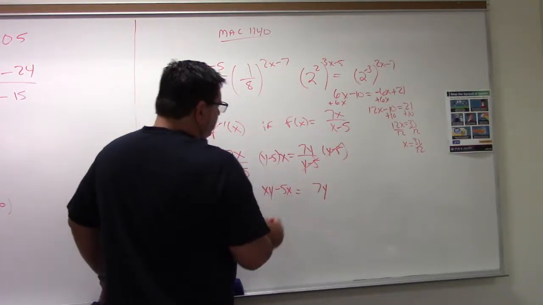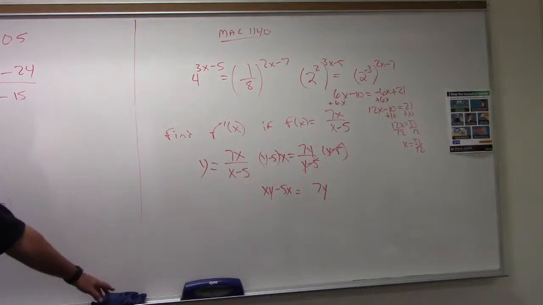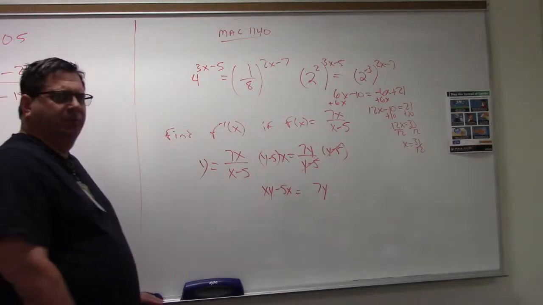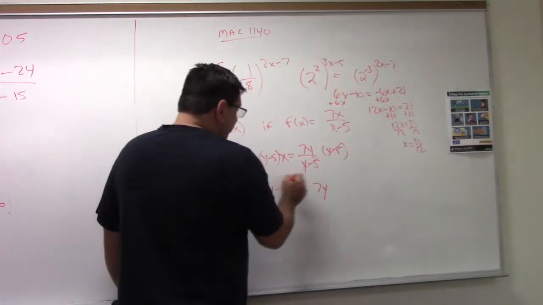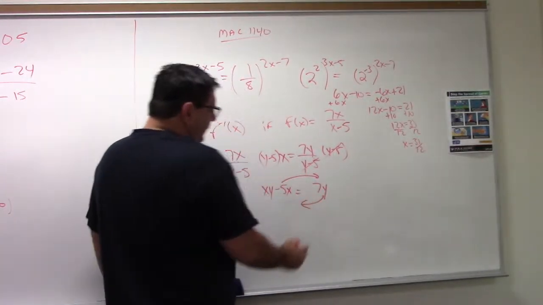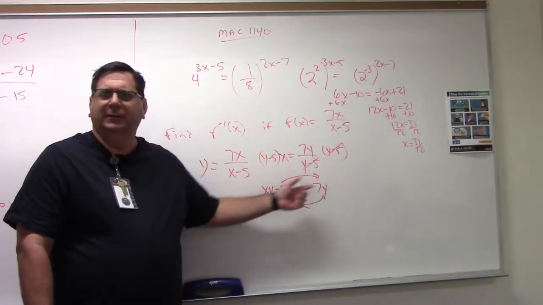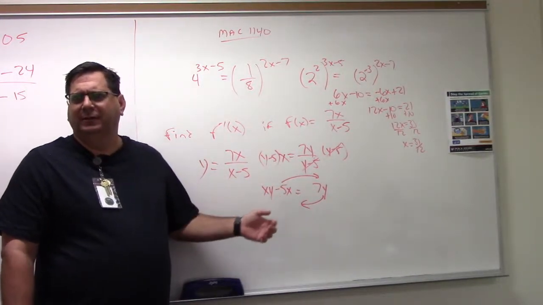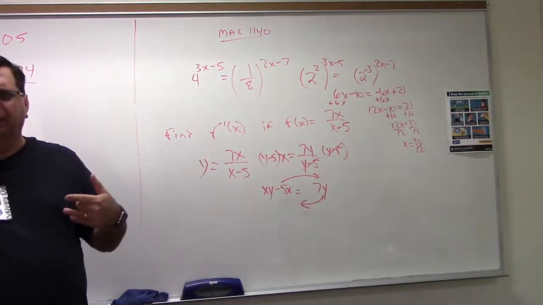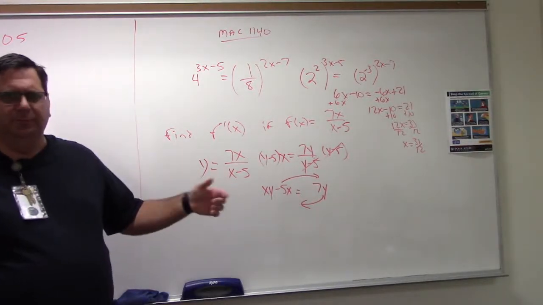xy minus 5x. Now, I have a thing with negatives, I kind of like to avoid them, so I'm going to move this over and then swing this back. The more direct way would just be to move the xy over here and leave the negative on the 5x, but I think it's prettier if the 5x is positive.